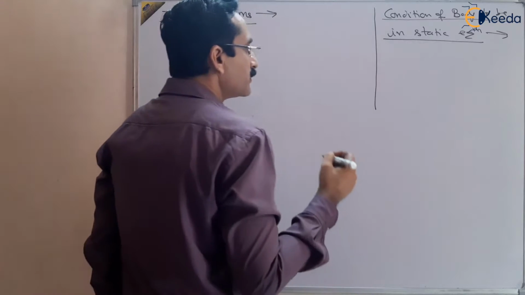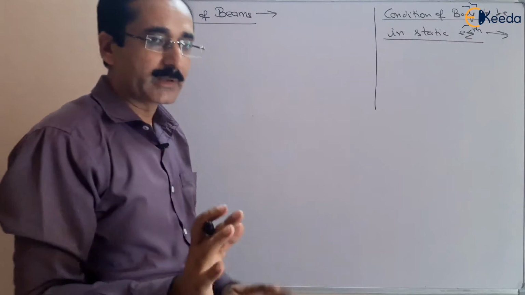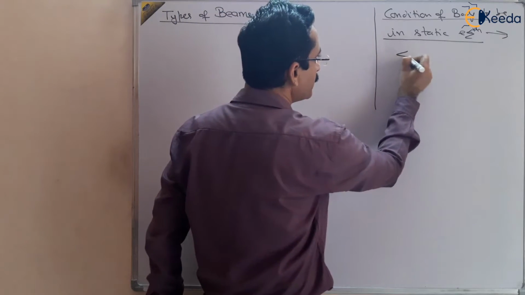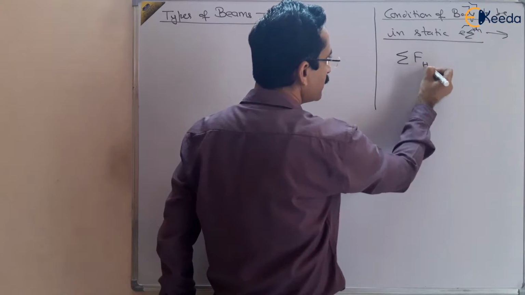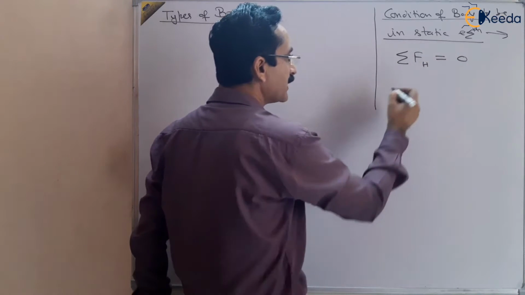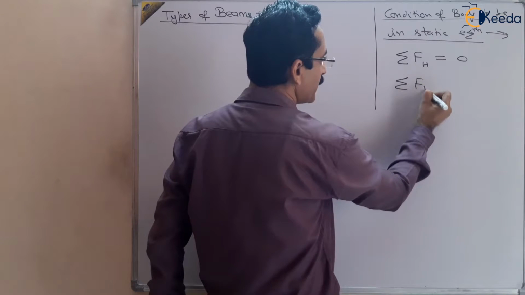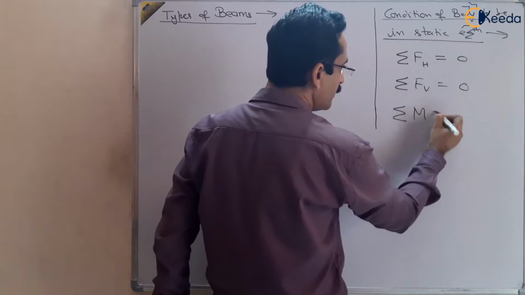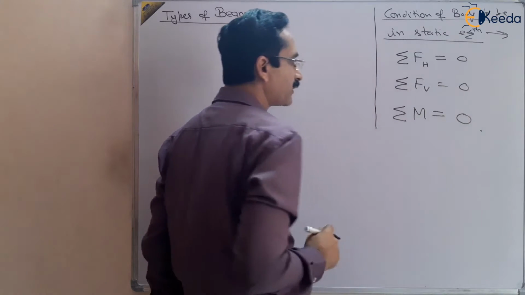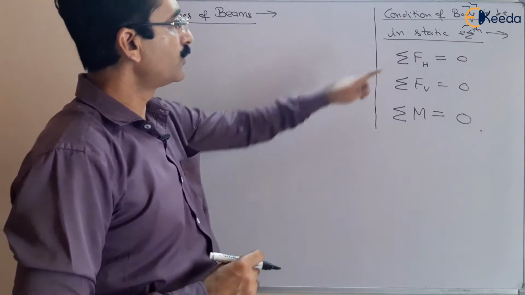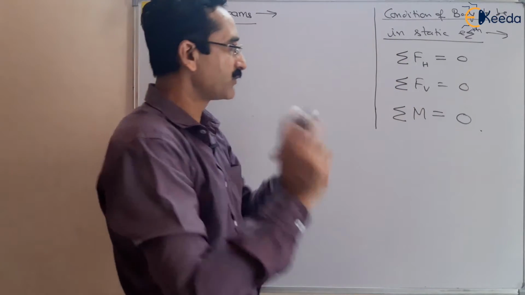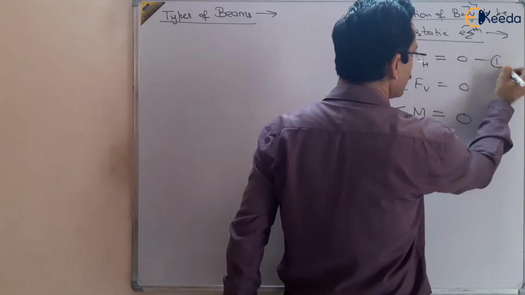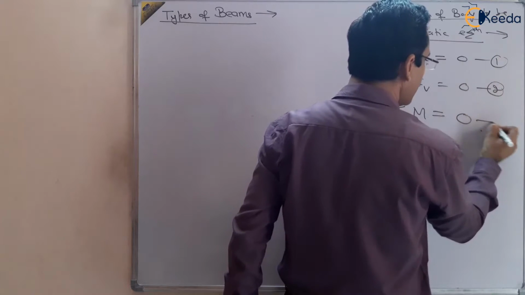If the body is in static equilibrium, it means the net horizontal force on that body should be equal to 0. Net vertical force on that body should be equal to 0, and there should not be any moment about any point of that body, right? So this is the condition. There are three equations basically, right? We have to solve them for finding the unknowns. And what is our unknown?